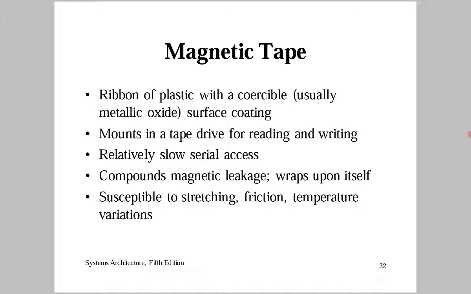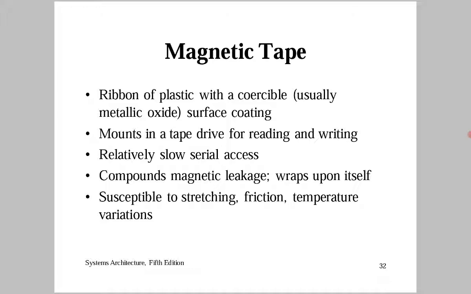Compounds magnetic leakage, wraps upon itself. So, it is susceptible to stretching, friction and temperature variations like that. So, these are the main features of magnetic tapes. Magnetic tape material is generally made up of a ribbon of plastic coated with some magnetic material, and this tape is mounted on a tape drive for reading and writing data or information.